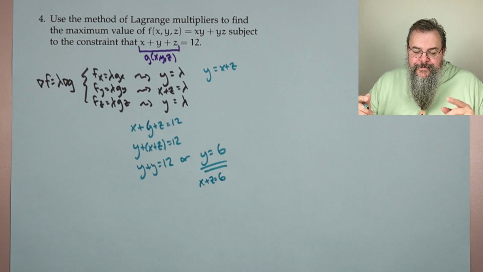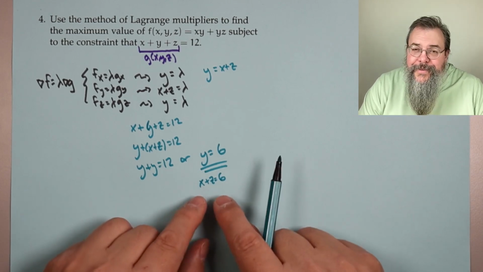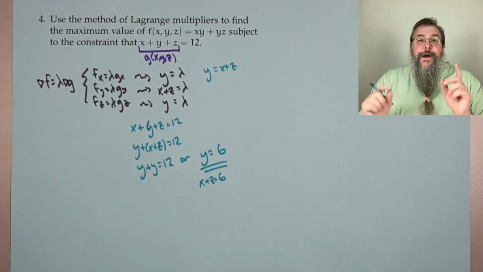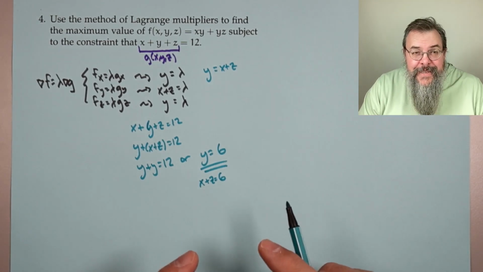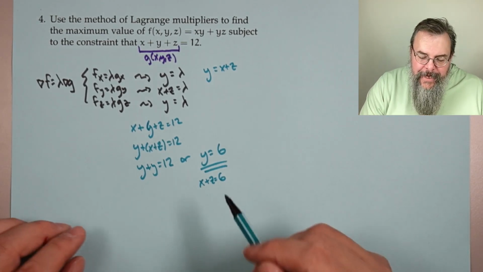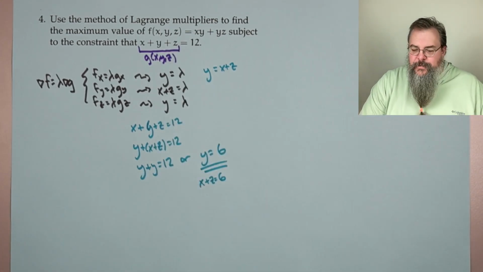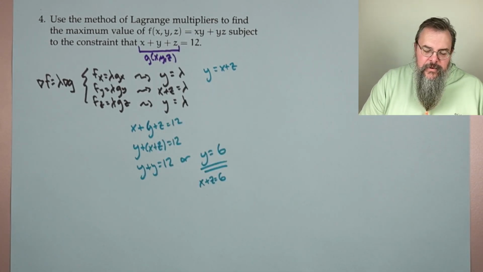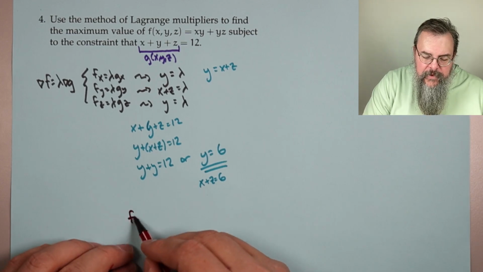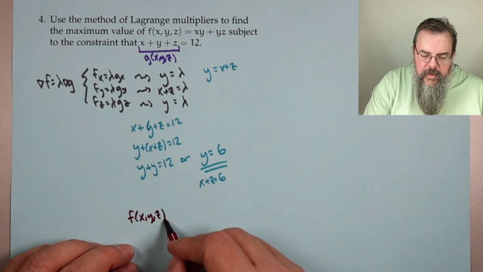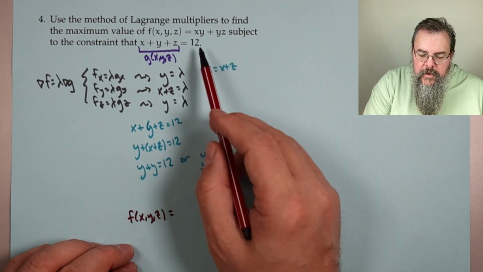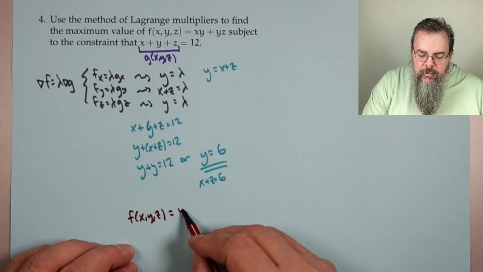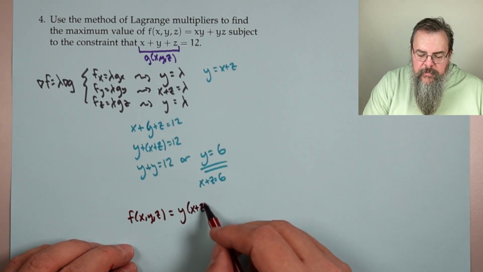Now, how do we solve for x and z? Do we have to? Let's think about what we have. Go back to the function we're trying to optimize here. So we have f of x, y, z is equal to, notice how we can factor, y times x plus z.